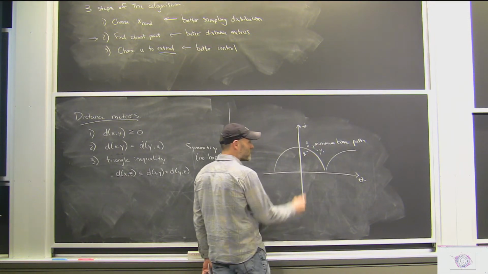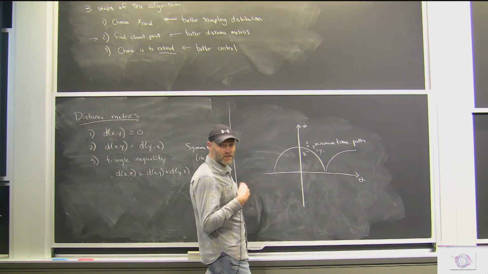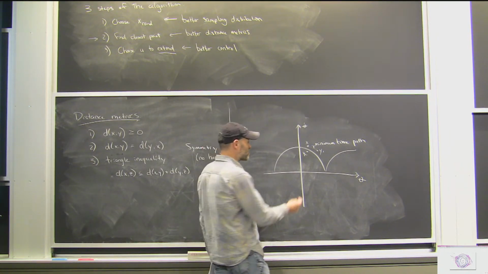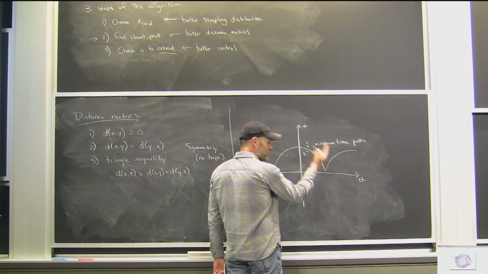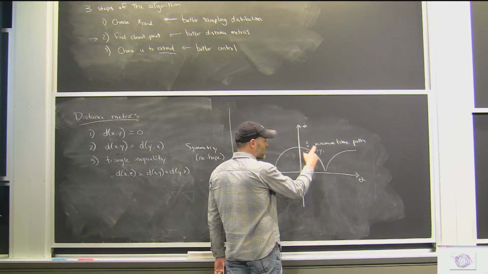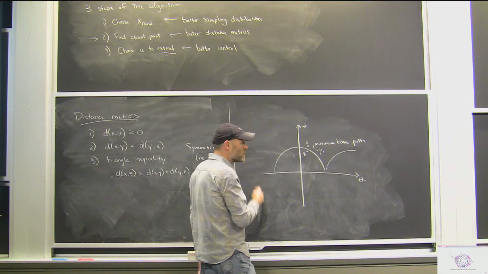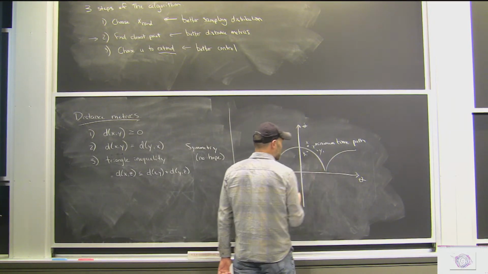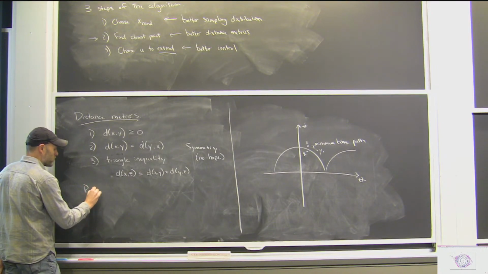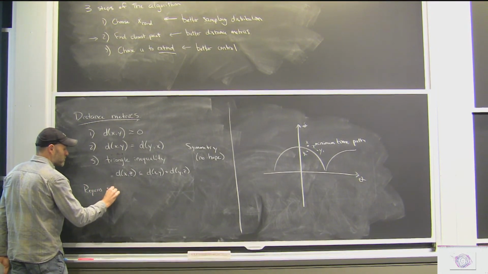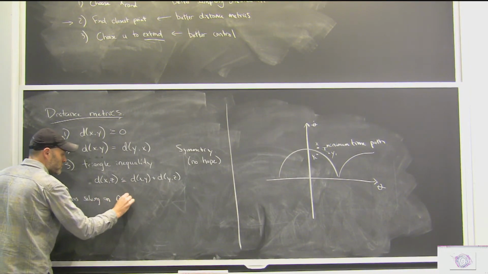But in general, solving for even the distance between two points is solving an optimization problem, an optimal control problem, right? Find me a u that is feasible, subject to the dynamics, that will get me from here to here in, for instance, minimum time. Okay, so the distance is a solution to an optimal control problem.